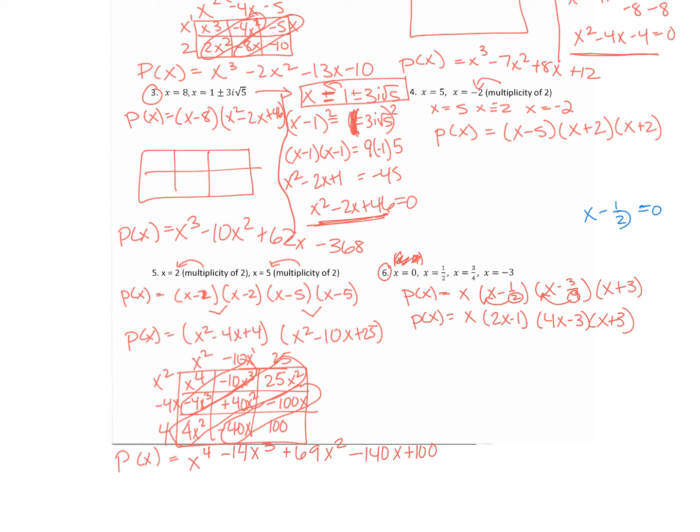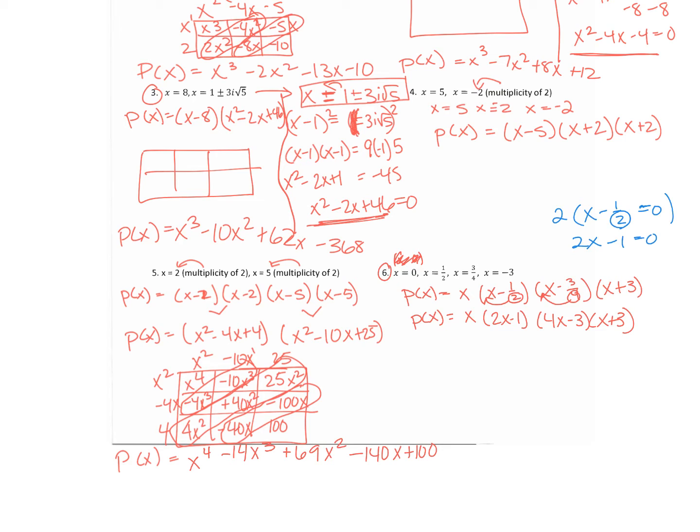So I'm going to multiply everything by 2. 2x, when I multiply 2 times negative 1/2, I get negative 1. When I multiply 2 times 0, I get 0. So x minus 1/2 and 2x minus 1 are equivalent. That's why this works. And the nice thing about it is now I don't have any fractions to multiply.